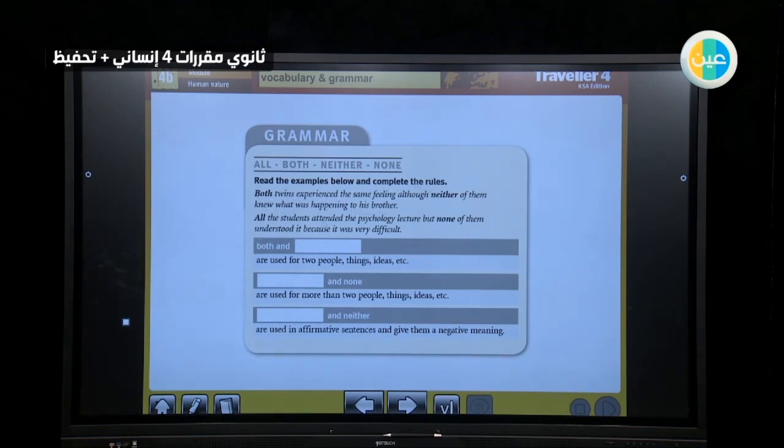All the students attended the psychology lecture, but none of them understood it because it was very difficult. So which one is used for two people, things, and ideas? Both and, excellent. We have here neither and none, used for more than two people or things. What's the opposite of none? It is all. Neither and none are used in affirmative sentences and give them a negative meaning.